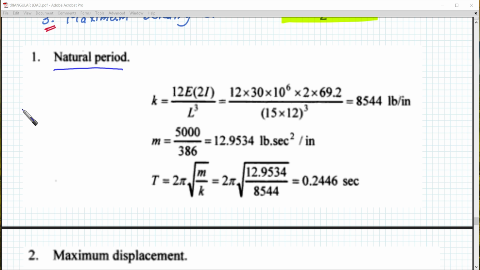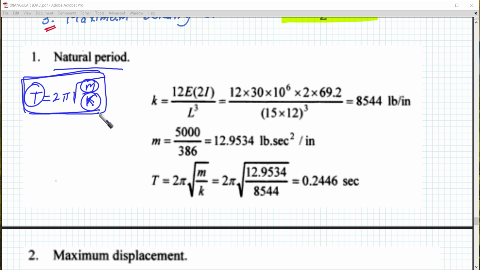Whenever we talk about natural period, remember always that T equals 2 pi radical of m over k. So we always have a relation between m, the mass, k, the stiffness, and T, the natural period. I think all of us memorize this very well. Or we say that omega squared equals k over m, for example, right?